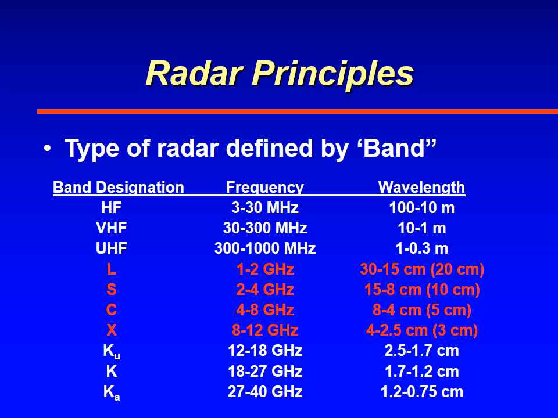L-band radar has a range from 30 to 15 centimeters, but you don't have to worry about that. On average it's usually called the 20 centimeter radar. S-band radar has a wavelength of about 10 centimeters. C-band is 5, and X-band is the shortest at 3 centimeter wavelengths.